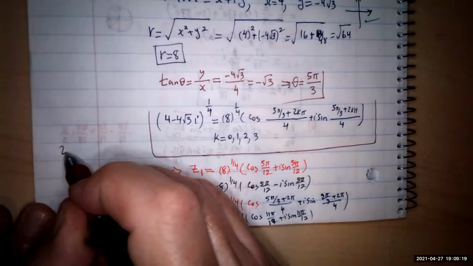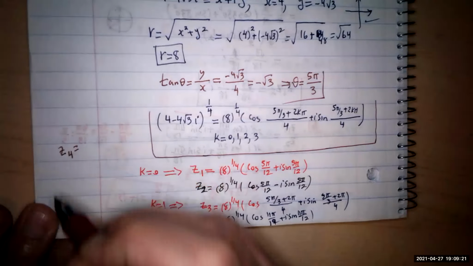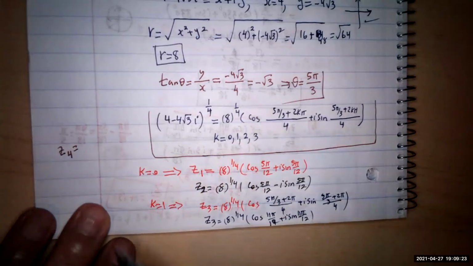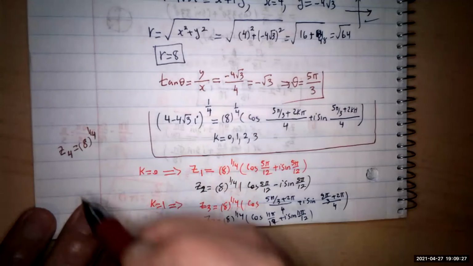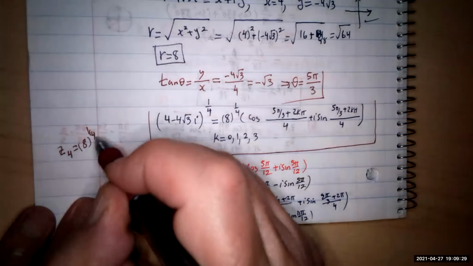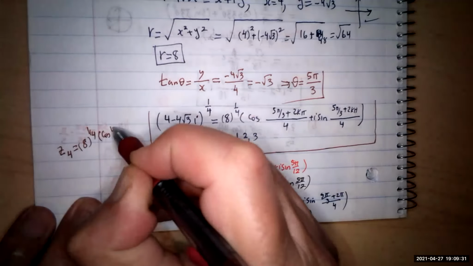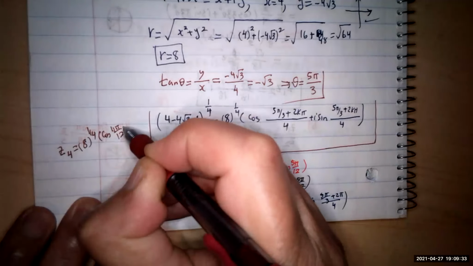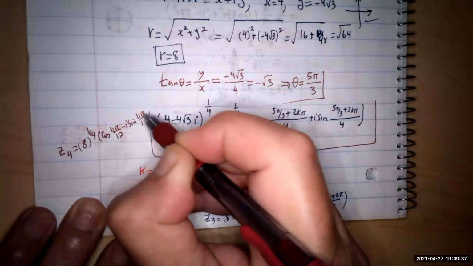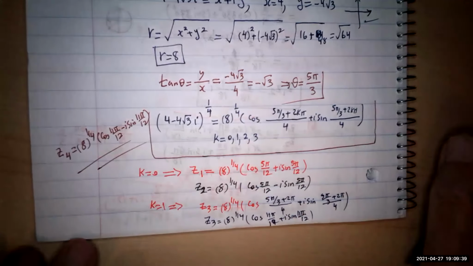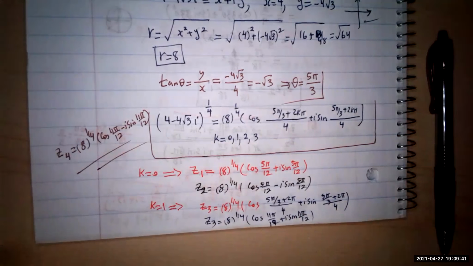So I write down here, the Z4 is going to be 8 to a quarter, and you can write it as cosine of 11 pi over 12 minus i sine of 11 pi over 12 as the final answer. This is one of the problems in your book.